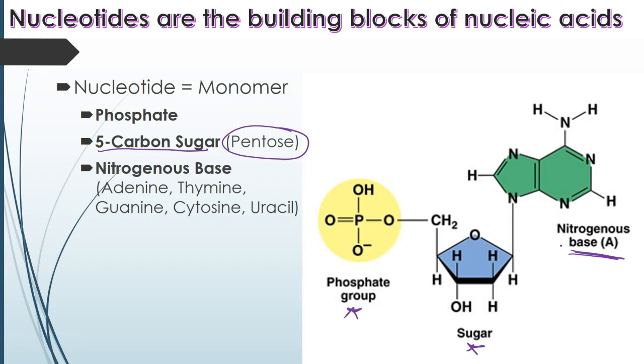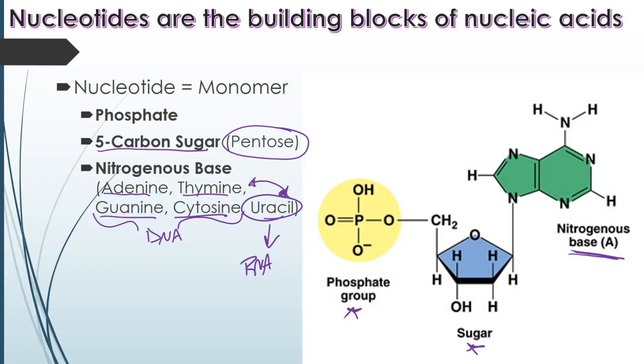There are four DNA nitrogenous bases: adenine, thymine, guanine, and cytosine make up DNA molecules, and then uracil is the odd one out. RNA specifically is made up of uracil, which takes the place of thymine.